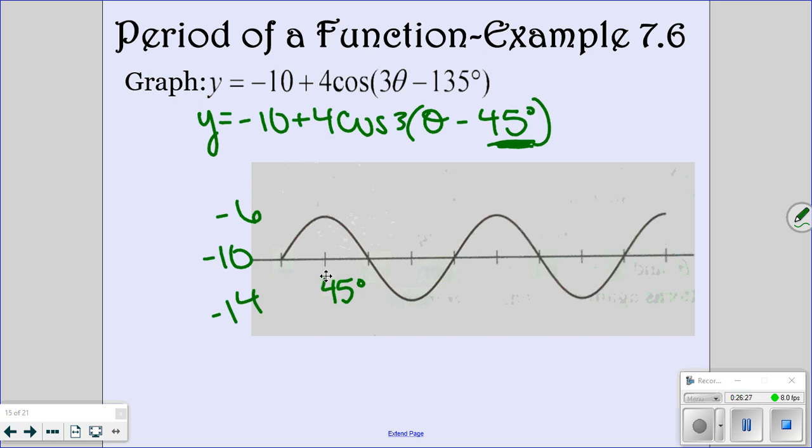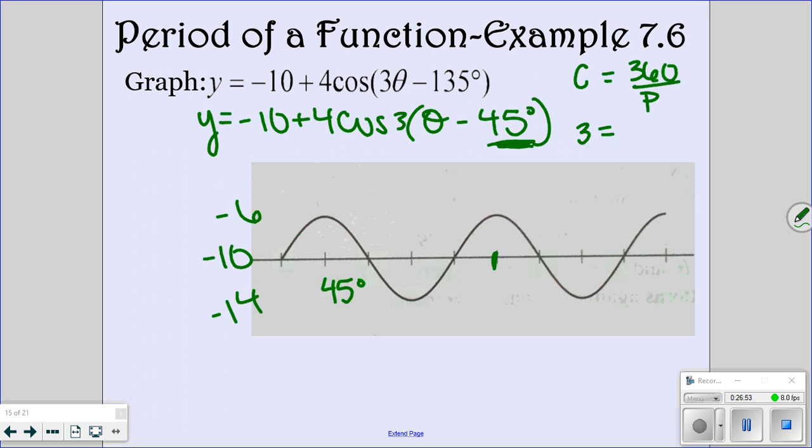Now on this one, our period is not 360 degrees. So to go from this maximum to this maximum, we're not going to add 360. We're going to have to use our little formula: C equals 360 over the period. And we're looking to see what that period is. So our coefficient is a 3 here.